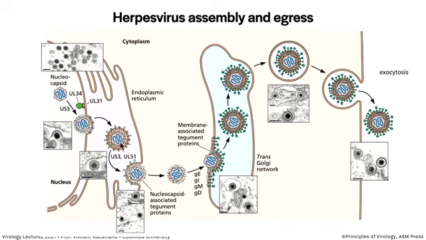We now have an enveloped particle in the ER, and it's got all these little proteins in it. See these little dots? Those are a variety of proteins, including VP16, which is needed for the viral promoters to work in cells. But what happens is this particle fuses with the ER membrane. It loses its membrane.